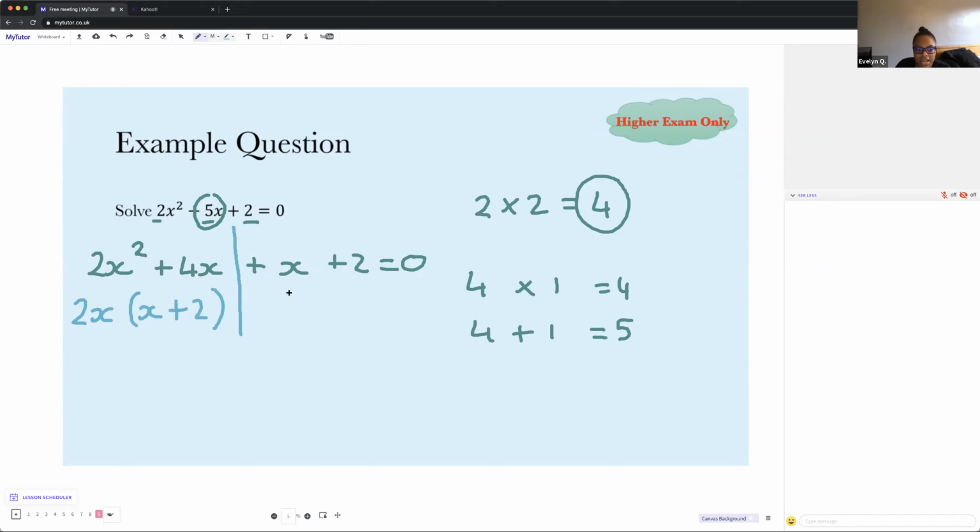So I'm just going to have in brackets x plus 2. Yeah, and it's positive. So I've still got this add. Yeah, so this is still equal to 0. Now the last step to actually get my expression or my equation into brackets is this bracket is equal to this bracket over here.